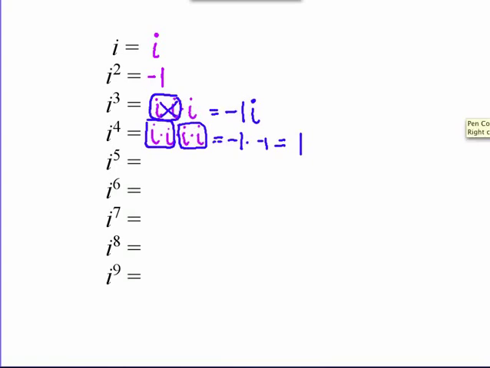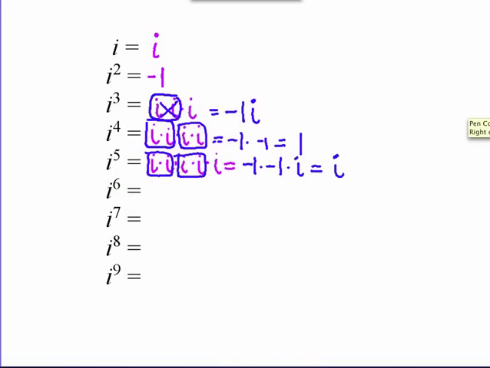It equals i times i times i times i times i. i times i is what? Negative 1. i times i is what? Negative 1. So I end up having negative 1 times negative 1 times i, which is just 1i.